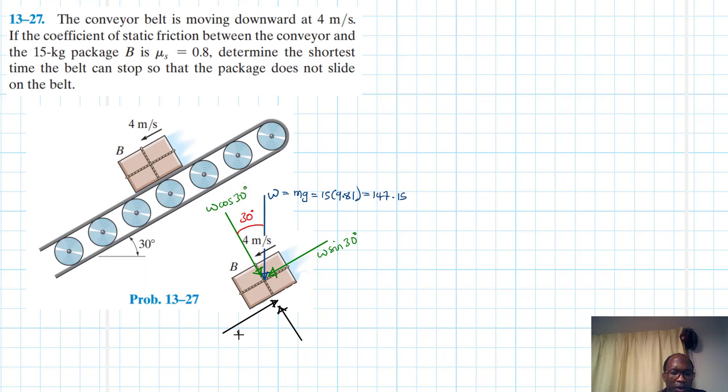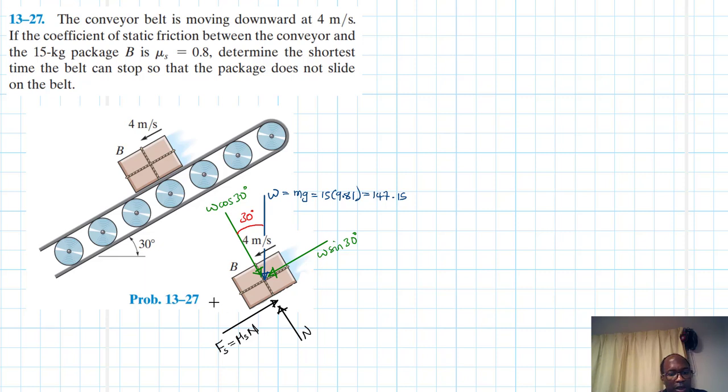And then this is our Fs, which is equal to mu s times N, and then this is our N. And this is moving at a velocity of 4 meters per second because it's moving together with this conveyor belt.